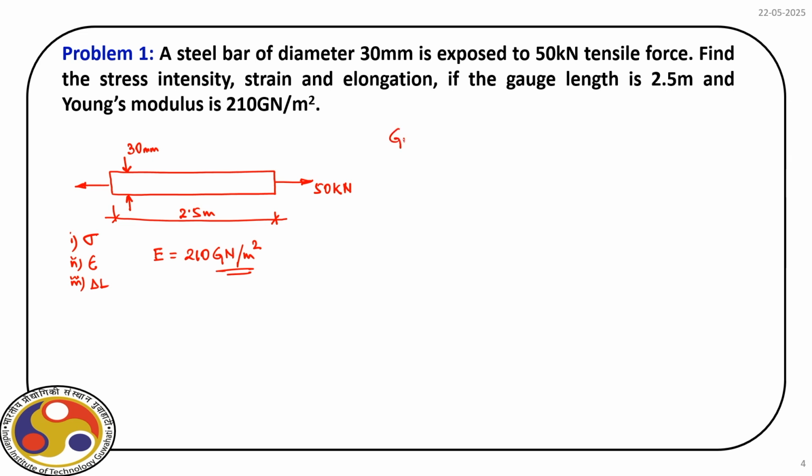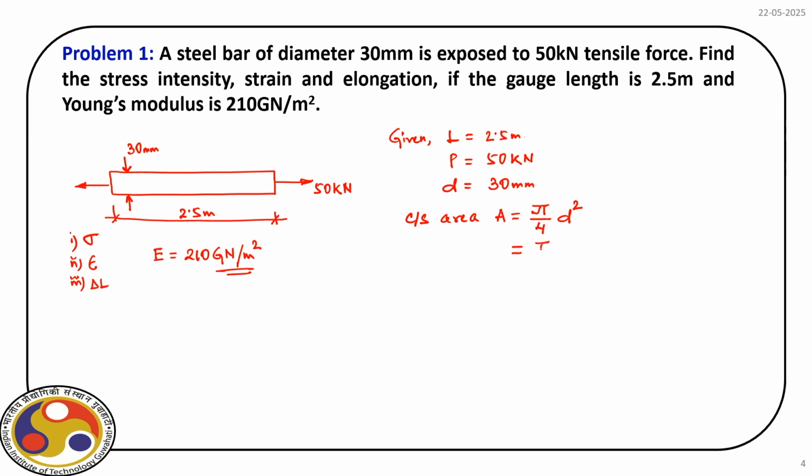So, given capital L, that is the gauge length, is 2.5 meter. Then P is equal to 50 kilonewton and the diameter D is 30 millimeter. So, we can find out the cross sectional area A is equal to pi d square by 4.